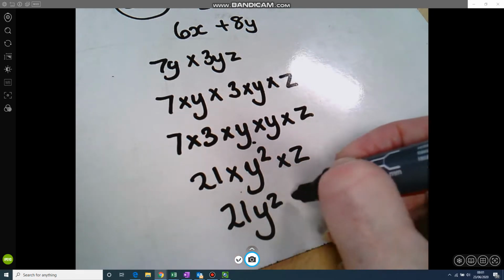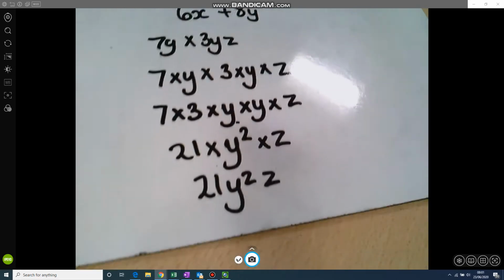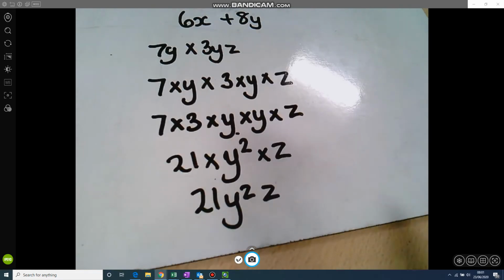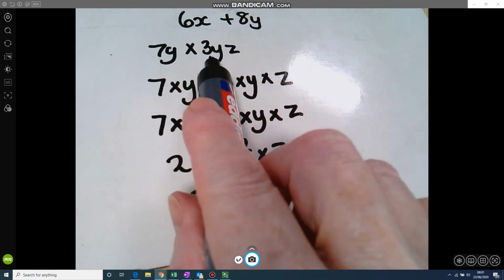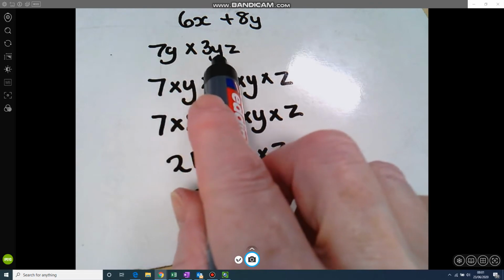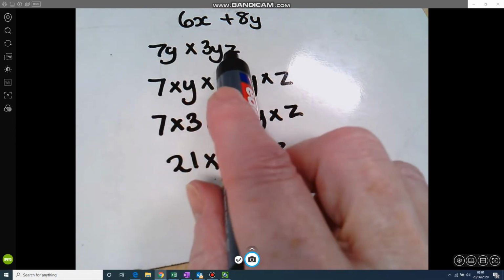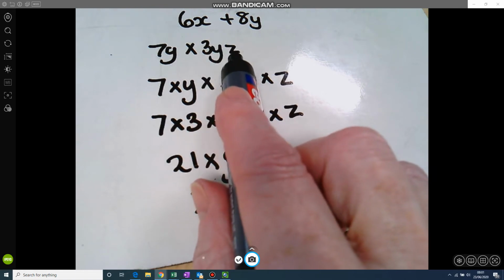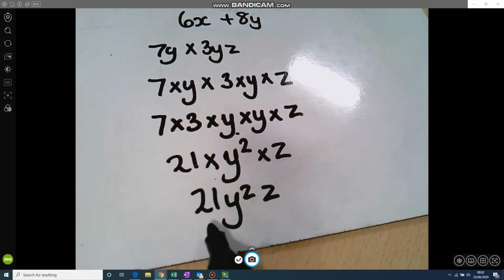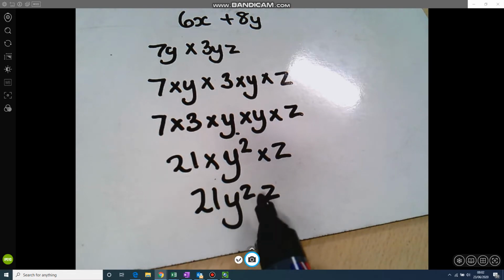So it's 21y squared z. Okay, so you multiply the numbers, 7 times 3, the letters, y times y, and then we've got nothing that we can multiply z by to make z any different. So we end up with 21, 7 times 3, y times y is y squared, and then z.